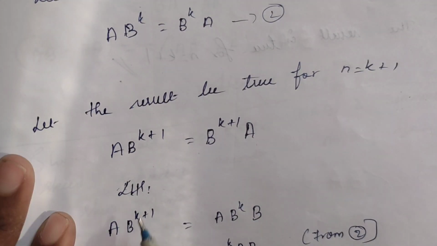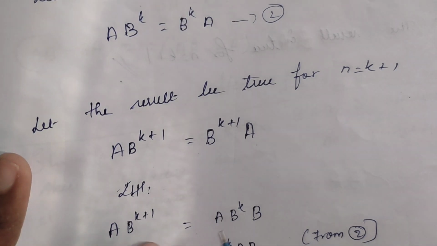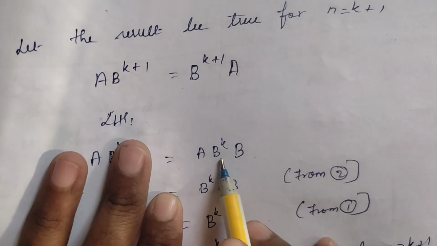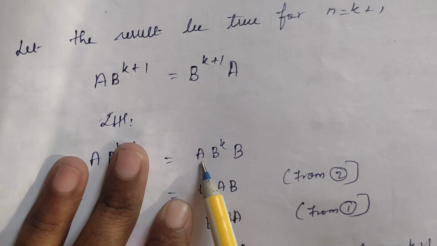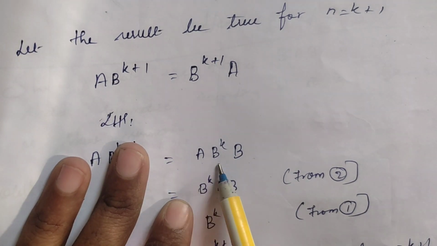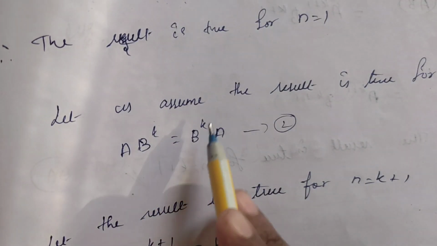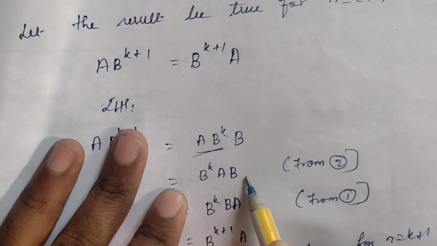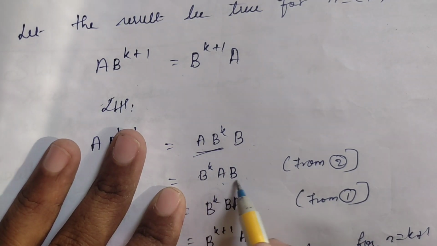A B^(k+1) is equal to A B^k into B. Next step, A B^k. What is A B^k? A B^k is B^k A. So I'll write it as B^k A B. The next thing, AB. What is AB?